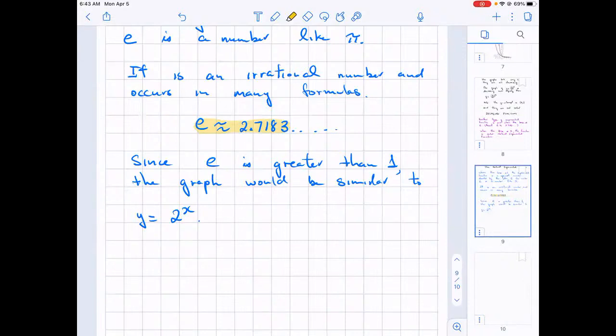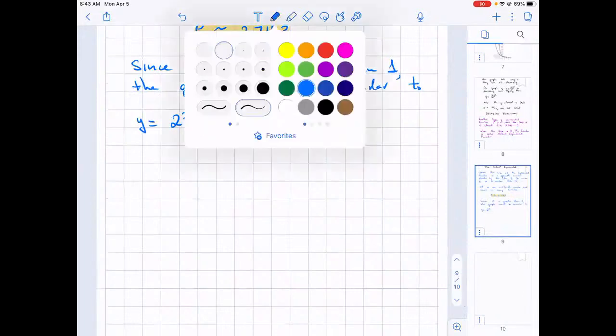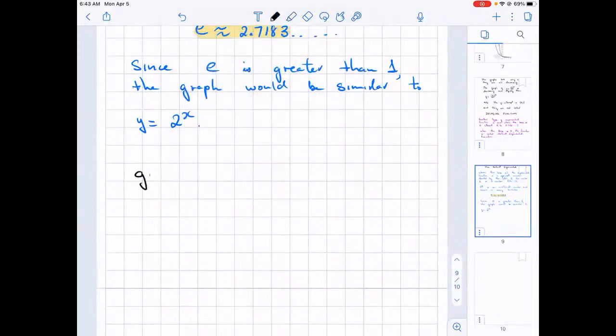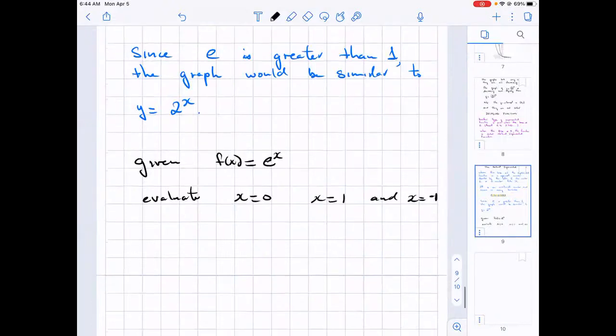So how do we evaluate these values? Well, let's try some examples. If you're given, let's say, f of x is equal to e to the x, and you're asked to evaluate x equals 0, x equals 1, and x equals, let's say, minus 1.